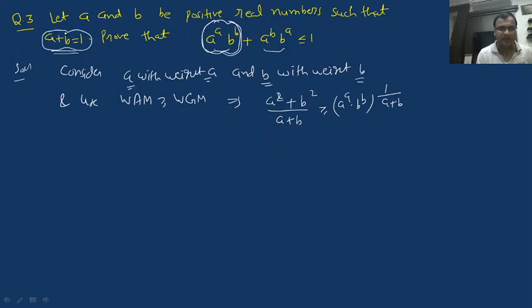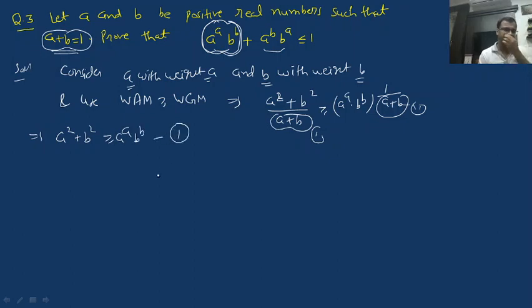A plus B is what? A plus B is 1. Therefore this sum becomes 1 in the denominator, and this also becomes 1. Therefore we can write this relation as A squared plus B squared is greater than or equal to A to the power A, B to the power B. This is the first condition.